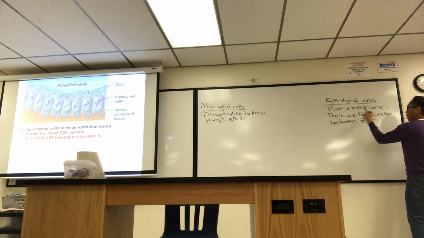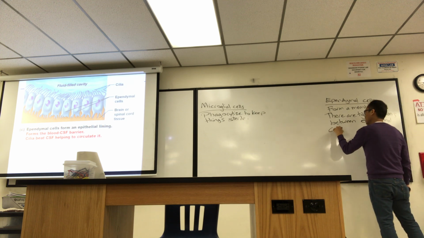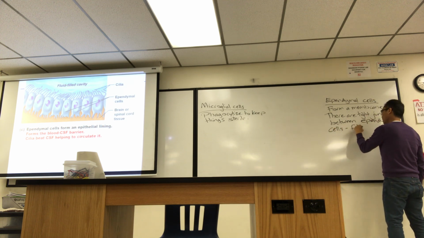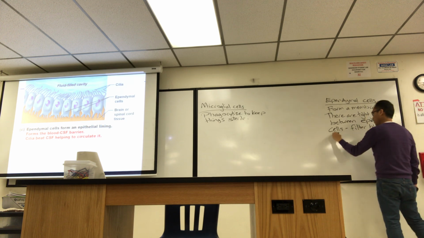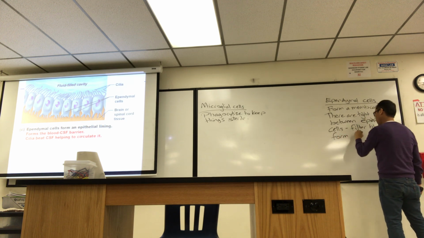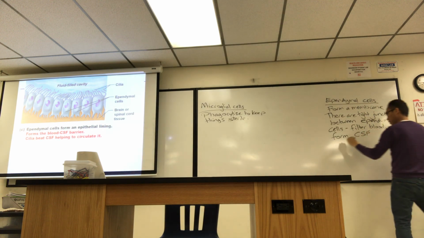So I'm just writing there are tight junctions between the ependymal cells. They basically filter blood and then form CSF, which stands for cerebral spinal fluid.